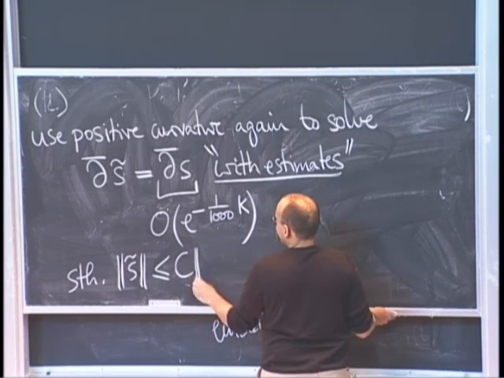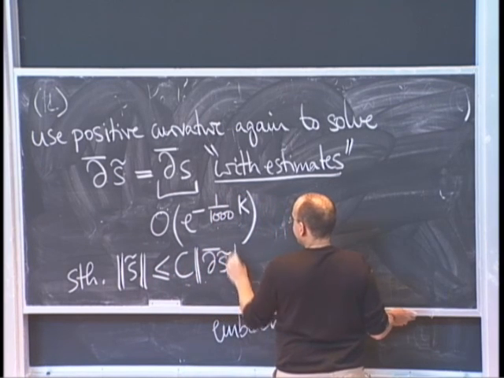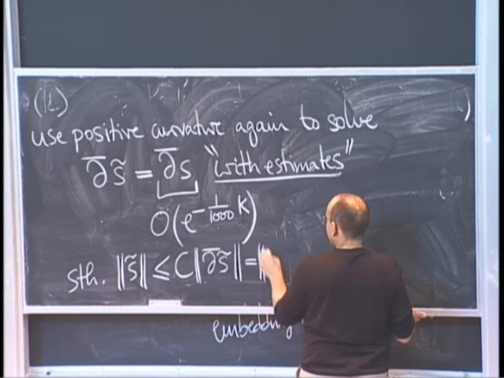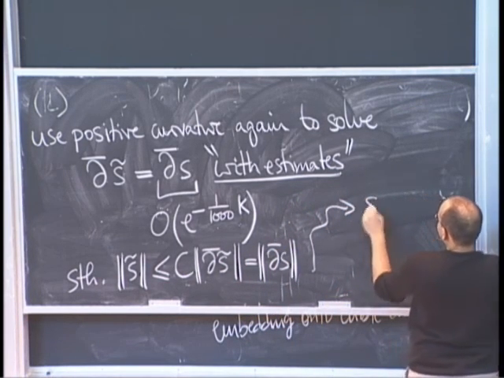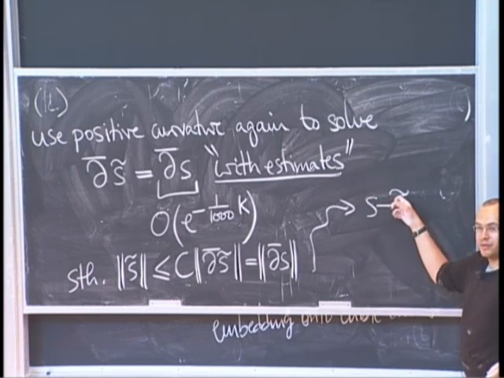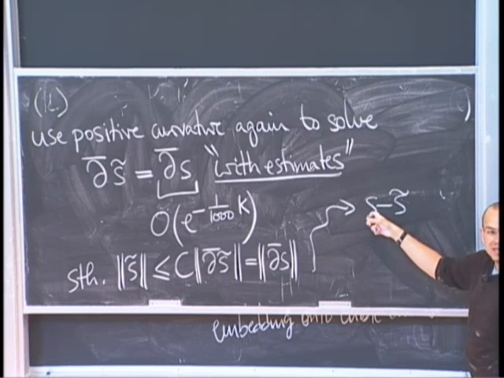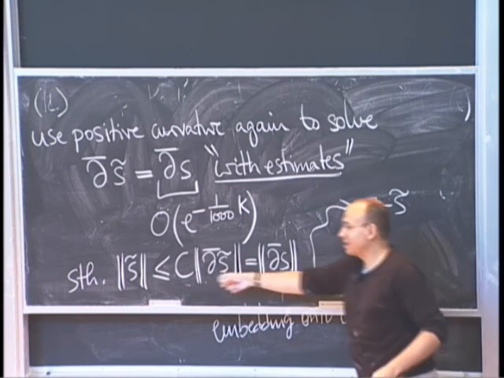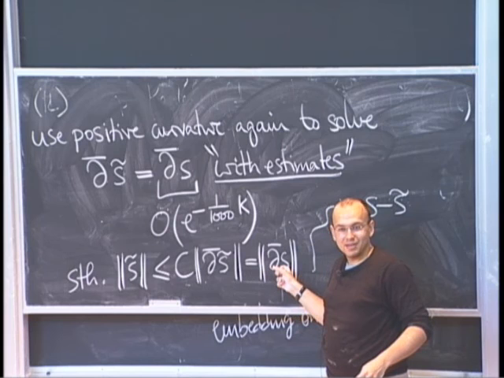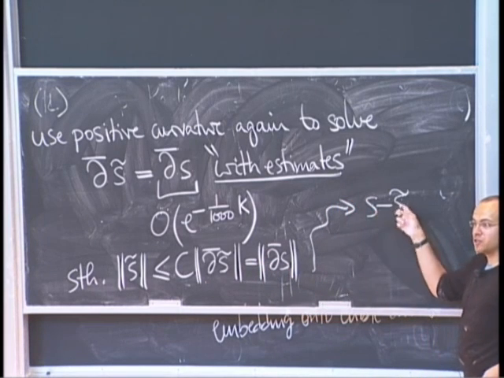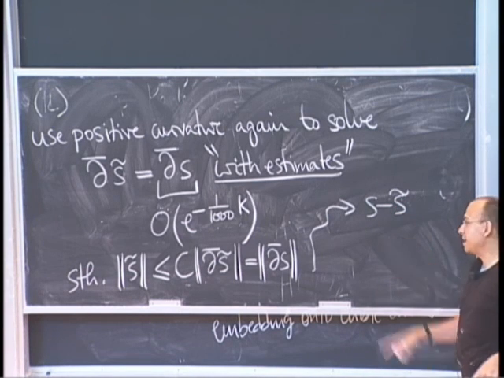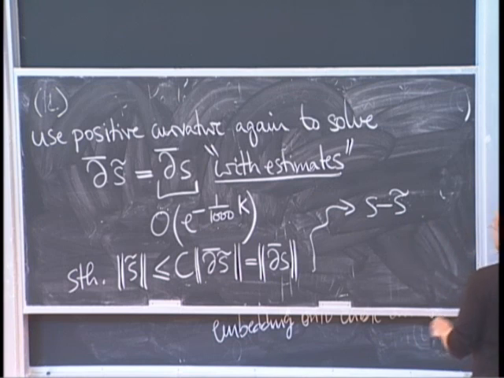So it's controlled by d bar s tilde, which is d bar s. And then s minus s tilde: the two guys have the same d bar, so that's a holomorphic section. But this is sort of the peak that I constructed, and this is the tiny little thing that has very small norm. So I'm taking the guy that I constructed, subtracting something off that has extremely small norm. So I get something that basically looks the same, but it's now genuinely holomorphic.